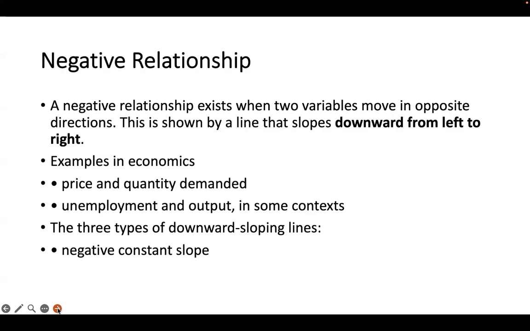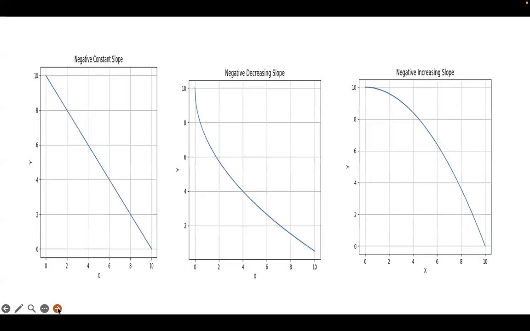And in the negative relationship, we also have three main slopes. You have the negative constant slope. That is where the slope is at a constant rate. When one variable increases, the other falls. When the differences between the y-axis and the x-axis are constant, you say that it has a negative constant slope.